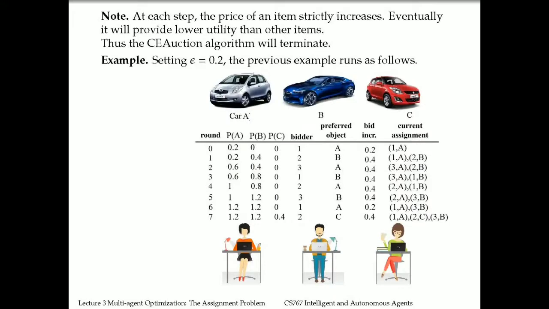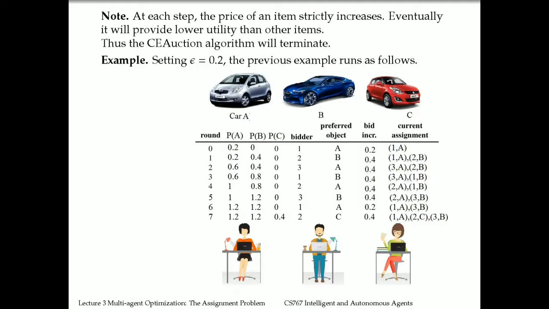So this is an illustration of exactly the same example, but with epsilon being 0.2. And you can see that eventually the agent will reach a solution. But now the question is, because we have a slightly different bidding rule, whether the optimality conditions still hold for this type of auction. What about optimality?